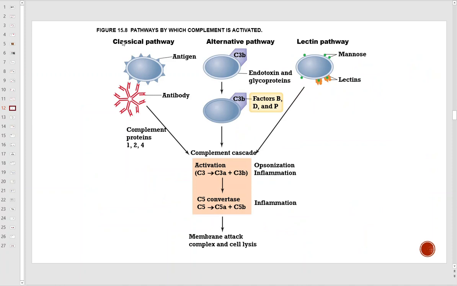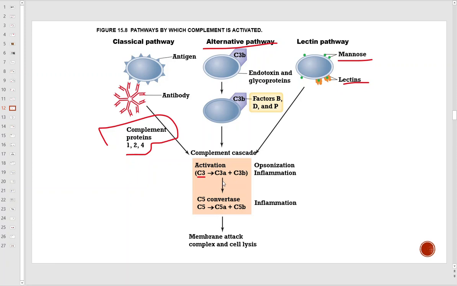Classical pathway, there's the antigen-antibody complex. Alternative pathways: endotoxin, glycoproteins, spontaneous C3b, the lectin, there's the mannose and the lectins. And all of these things are basically going to do the same thing.